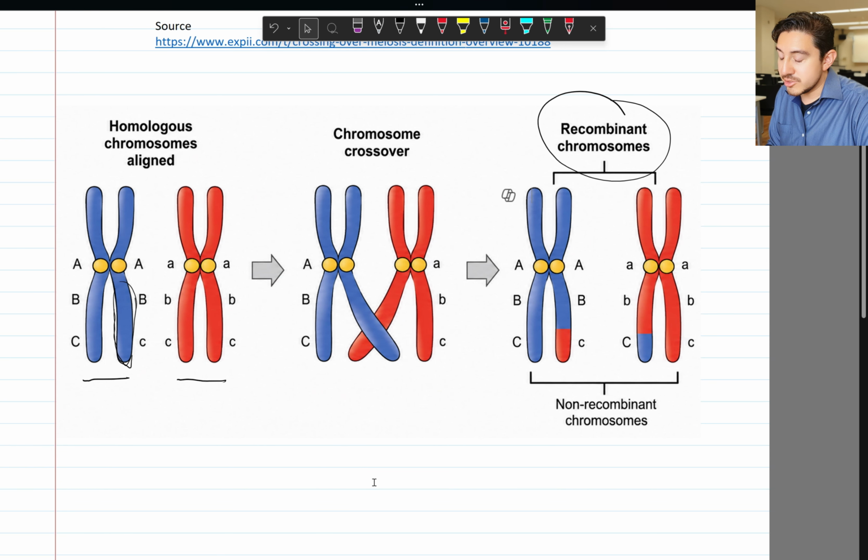Now, don't worry about the letters for now. This is just representing gene locations, the loci, and the actual genes. So let's say this is a gene letter C and whatnot. And this is actually a big C here.